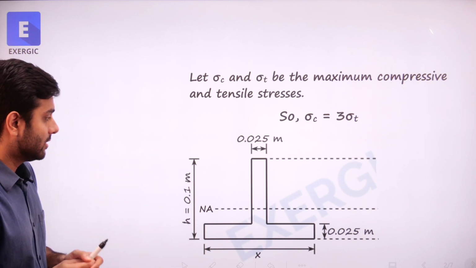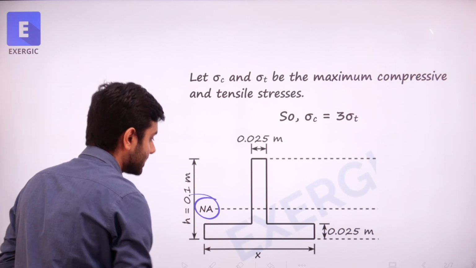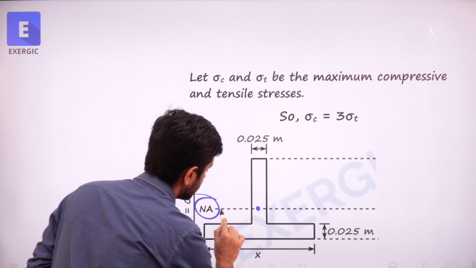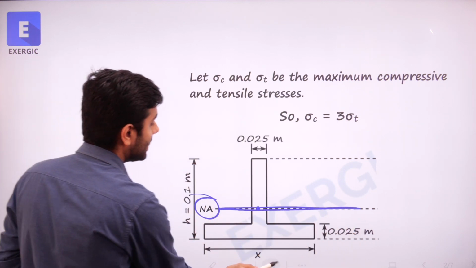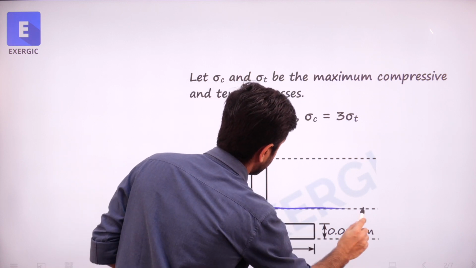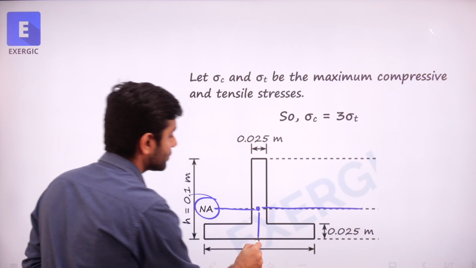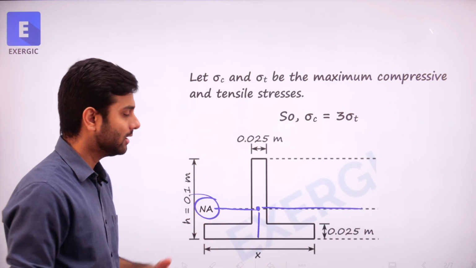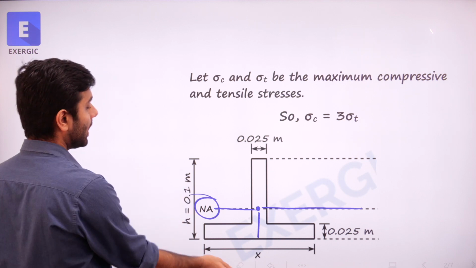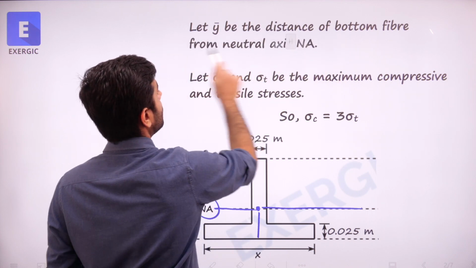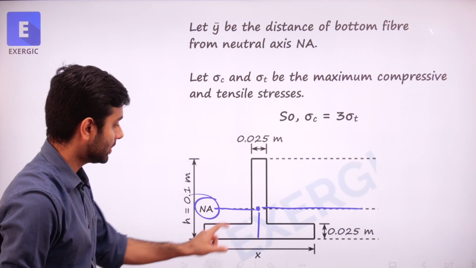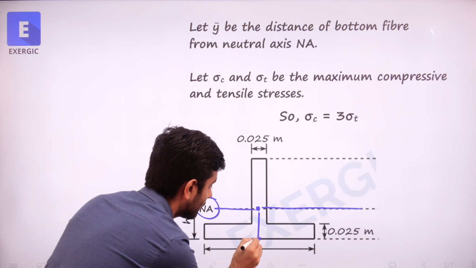In this section, let us assume that the neutral axis is passing through this point. So this dash is showing the neutral axis, okay? And the distance of this neutral axis from the bottommost point, which is sigma t, let's say that is y bar. Let us say y bar is the distance of the bottom fiber from the neutral axis. Got it? So this distance is y bar.